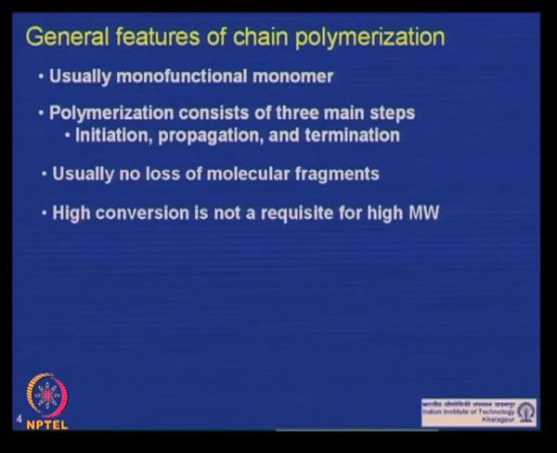We also know from our original discussion that we do not require high conversion, unlike step growth polymerization, where we require high conversion to have a high molecular weight. In this case we do not require high conversion to build a high molecular weight.